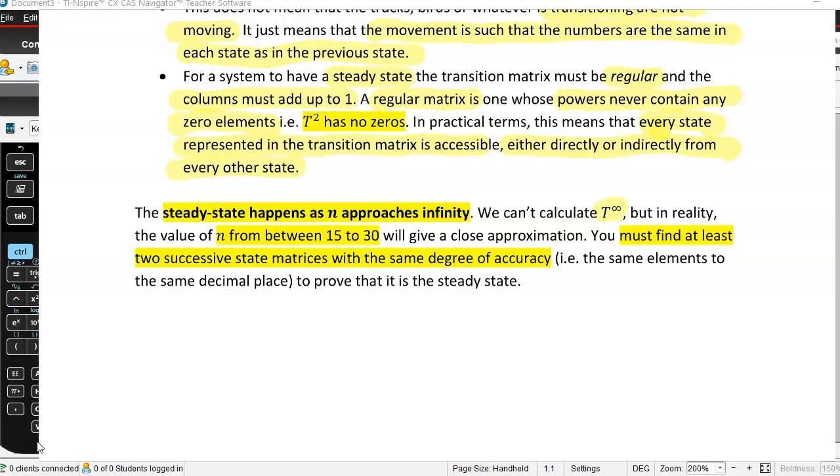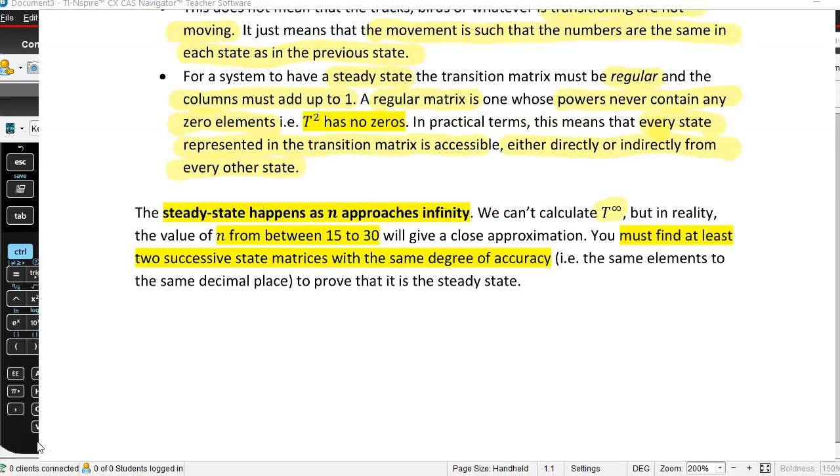But in reality, the value of n, we can actually find it, from between 15 to 30 or sometimes 50. That can give a close approximation, and we can do some things to check whether that is steady state or not. One of the things we do is you must find at least 2 successive state matrices with the same degree of accuracy.